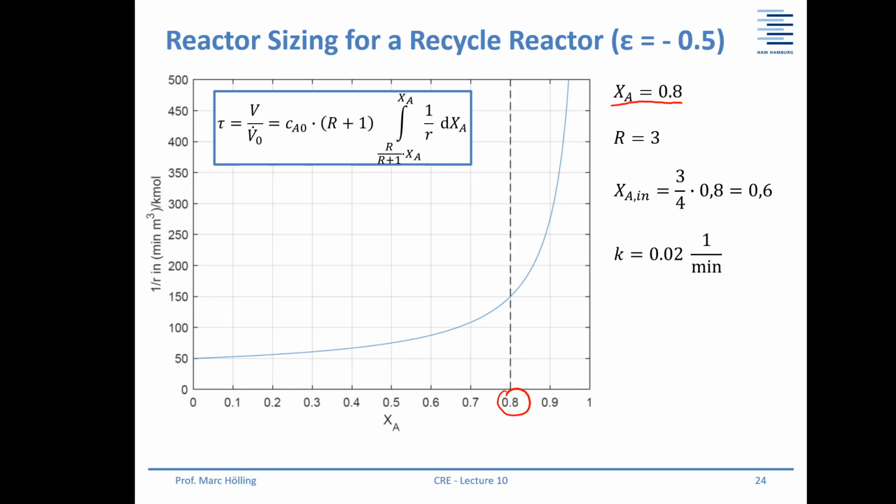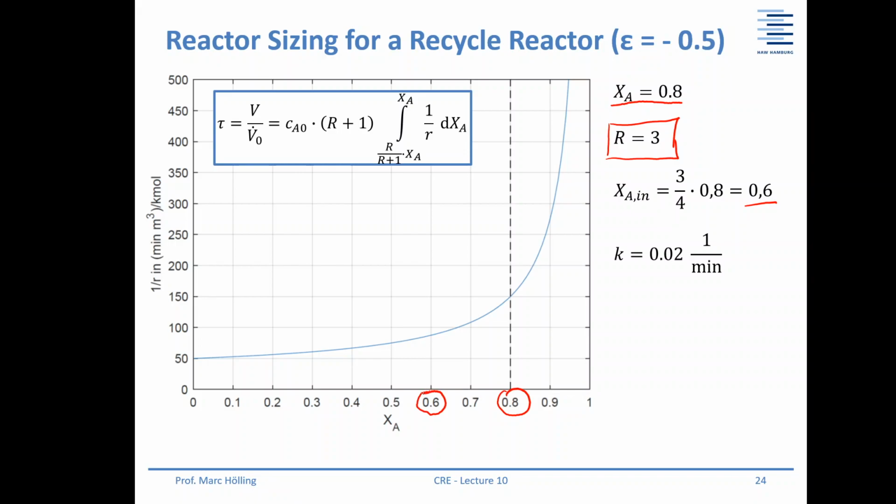Let's look at a recycle reactor with a recycle ratio of 3. Then we can easily calculate the inlet conversion: R over R plus 1, so 3 over 4 times our 80%. This means 60%. This is our second case.